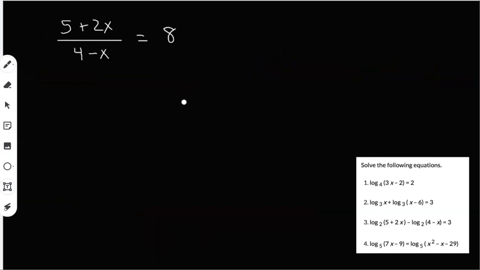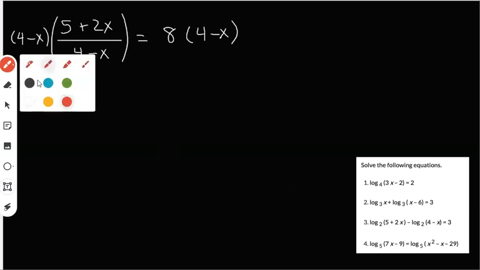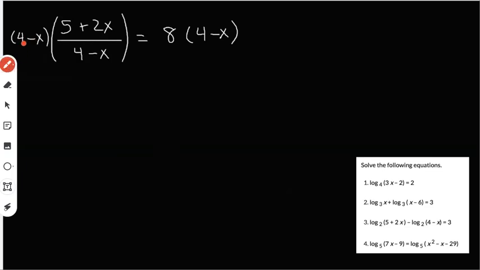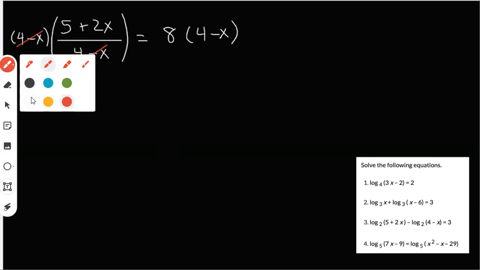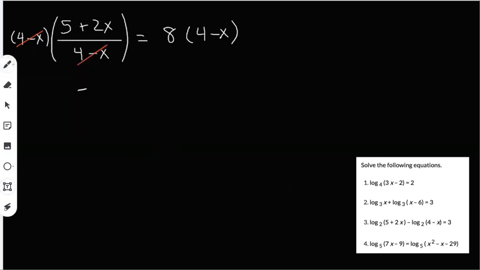So what I could do is multiply both sides by what's in the denominator. That way, I can get rid of the bottom of the fraction. So if I multiply both sides by 4 minus x, then the 4 minus x on the top is going to cancel out with the 4 minus x on the bottom. That leaves me with just 5 plus 2x at the top, so I bring that down.